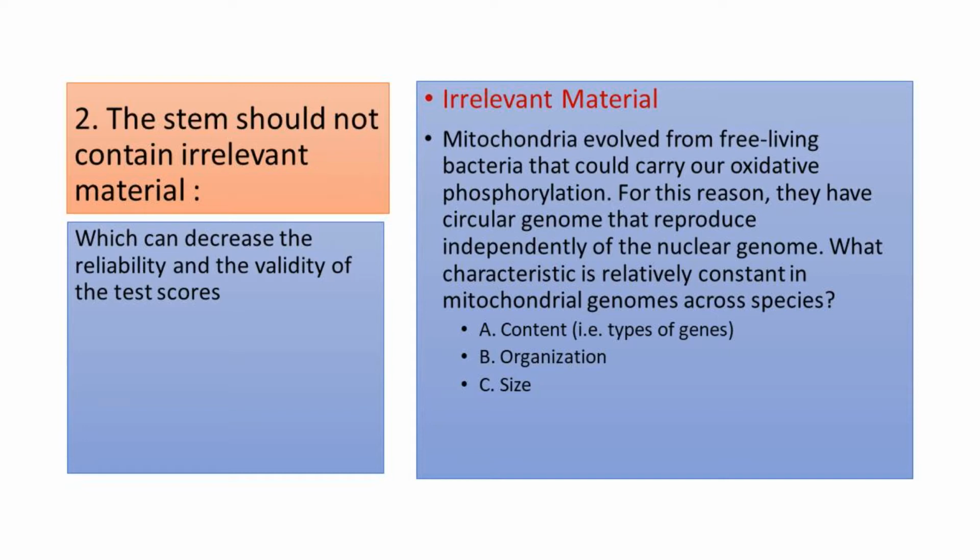Irrelevant material, for example, you can see: mitochondria evolved from free living bacteria, should carry out oxidative phosphorylation, etc. So all the above information which is given in the stem is unnecessary and it is not relevant to the actual question, the actual outcome that is supposed to be measured. So it will create confusion and hence it decreases the reliability and validity of the test scores.